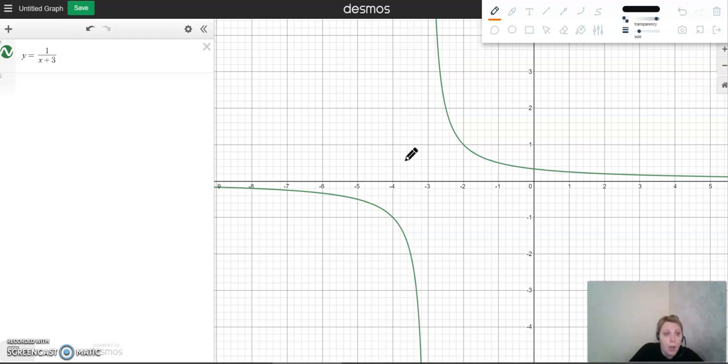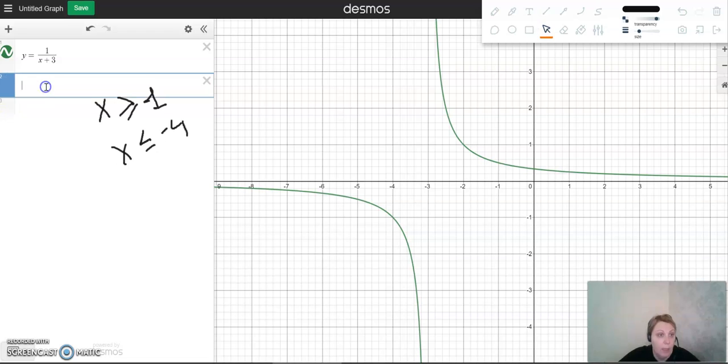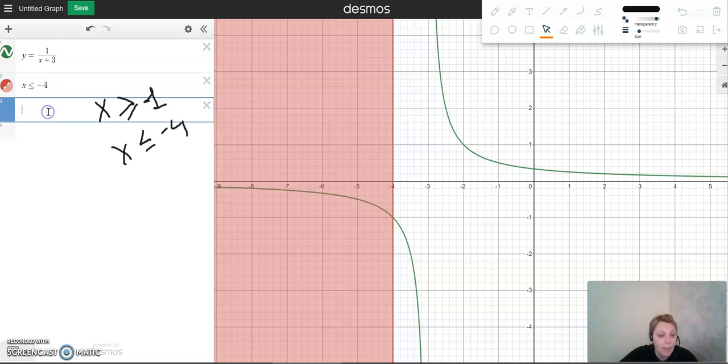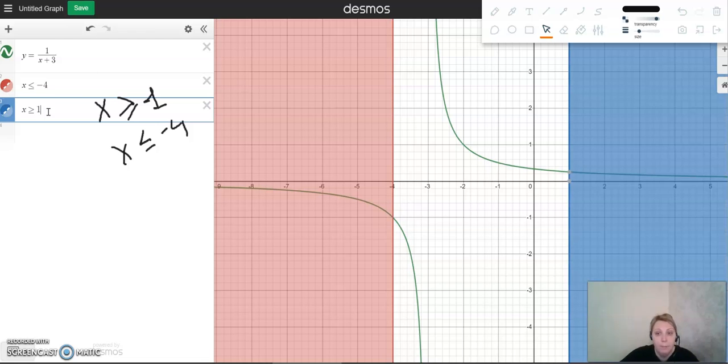What if I'm looking at two intervals, x greater than 1 and x less than or equal to -4. So I'm doing the opposite of what I just did. So I'm going to have x less than or equal to -4 and x greater than or equal to 1.